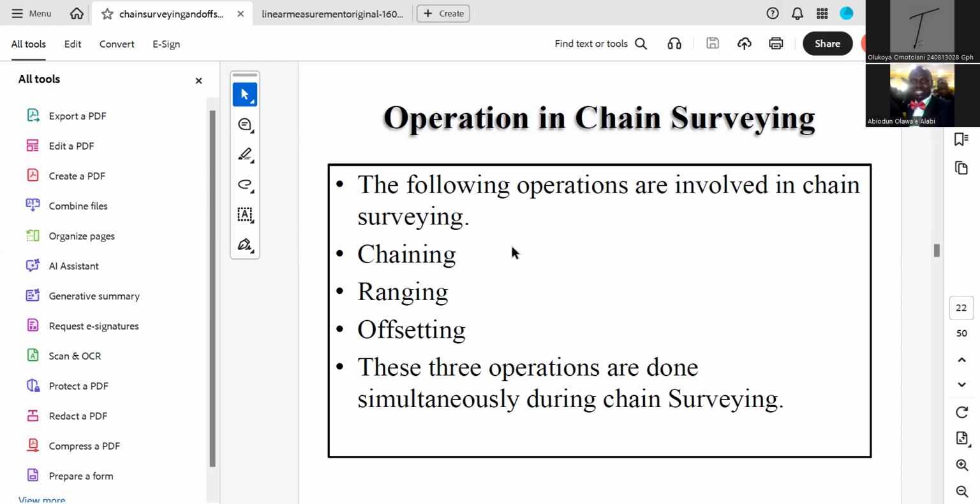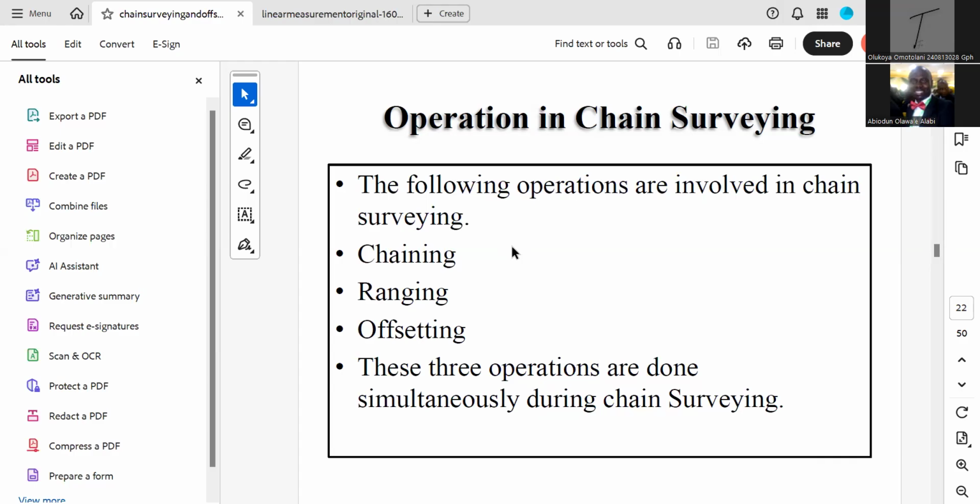Now, we do that by using this offsetting operation. So offsetting is the procedure that we deploy to use tie lines in locating interior details within the property.